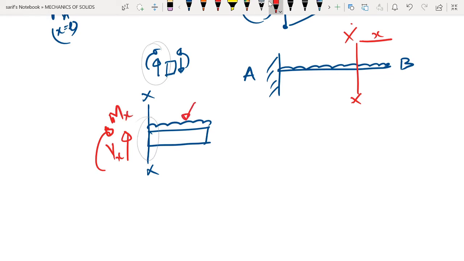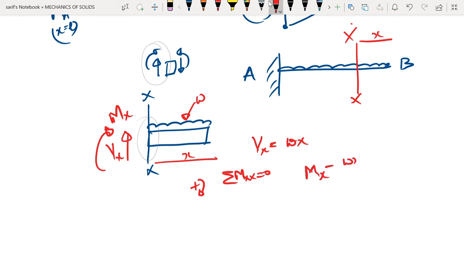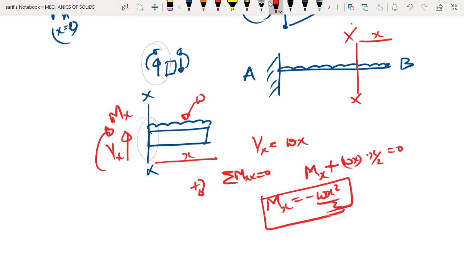If you go for equilibrium, we will get Vx equal to Wx, that is sigma Fy equal to 0. If you go for sigma M about XX equal to 0, we will get Mx minus Wx, the resultant acting at x by 2, equal to 0. We will get Mx equal to minus Wx squared divided by 2. So these are the two expressions for shear force and bending moment.